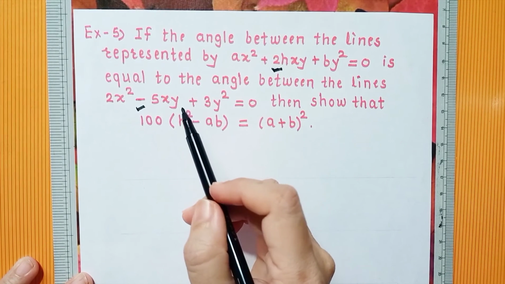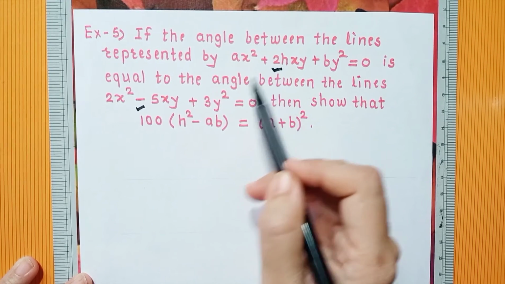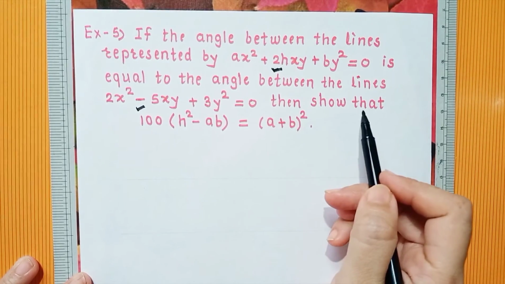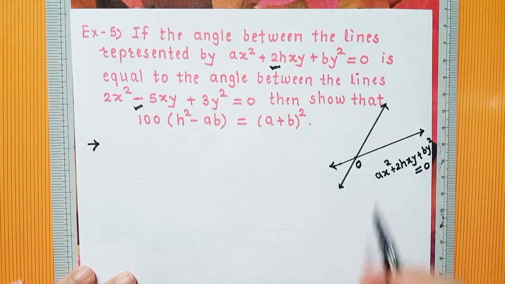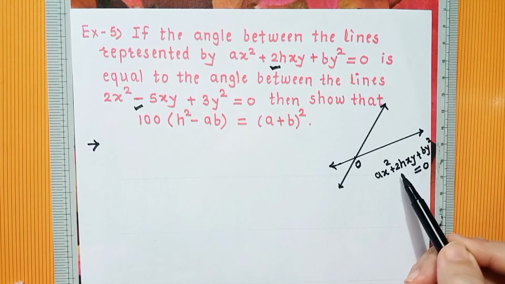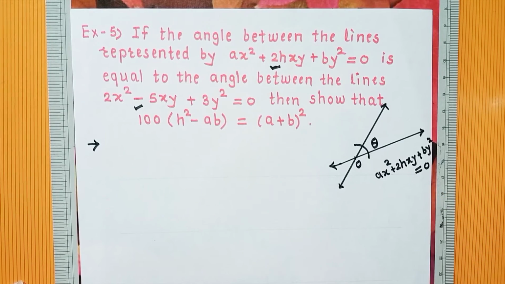This is our fifth example, and here we have given that angle between these lines is same as angle between these lines. Then we have to show that this. Let these are the two lines represented by this, and let theta be the acute angle between them.